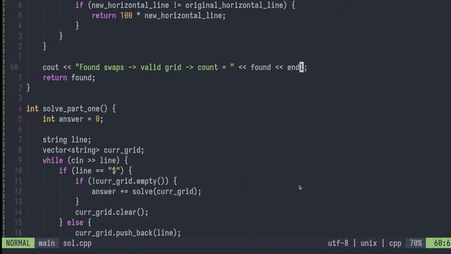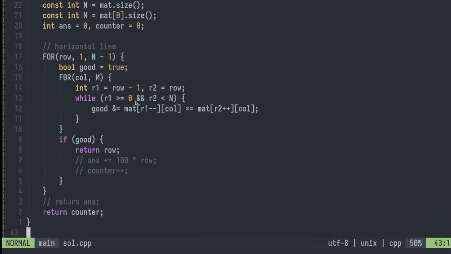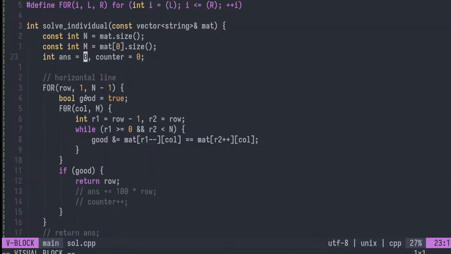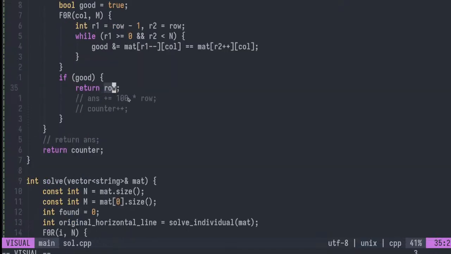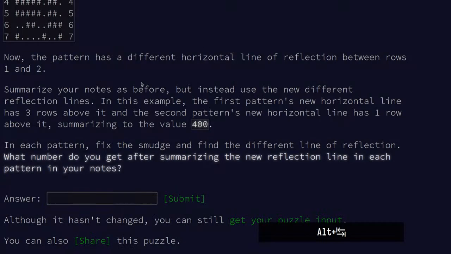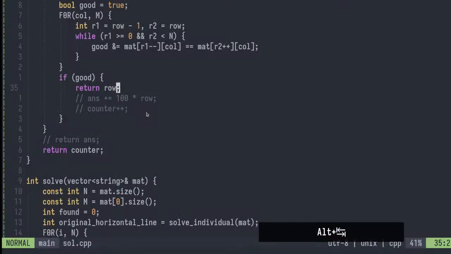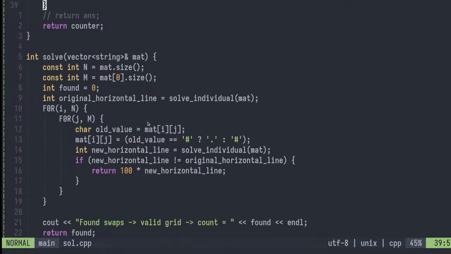And while it was here... Okay, this should be fine, I guess.